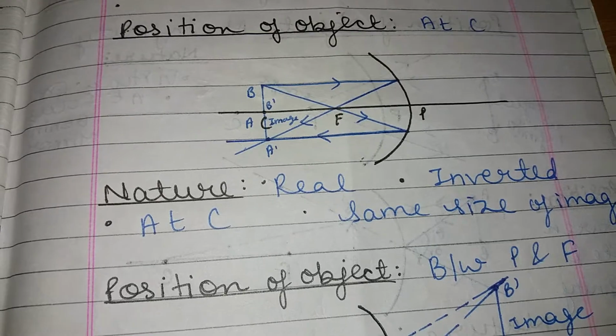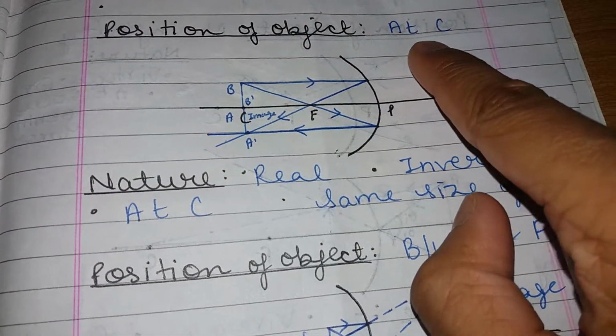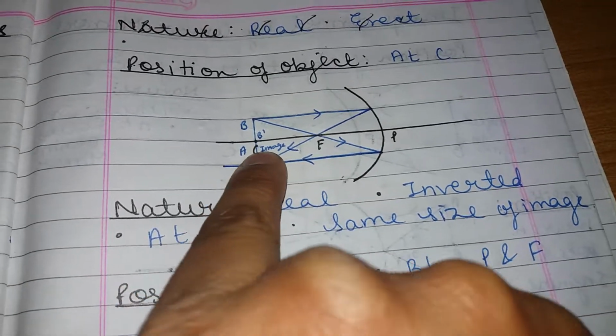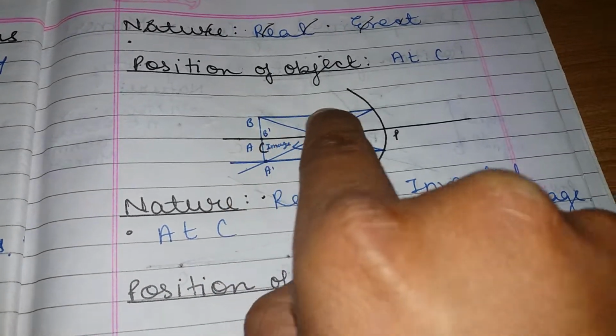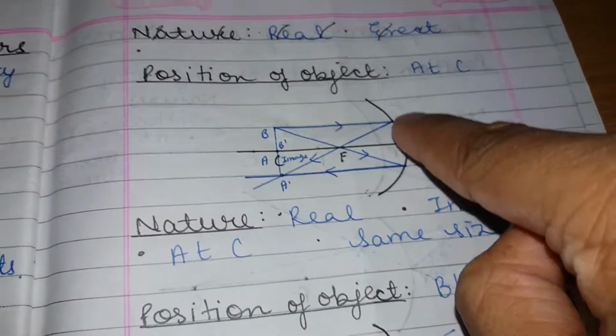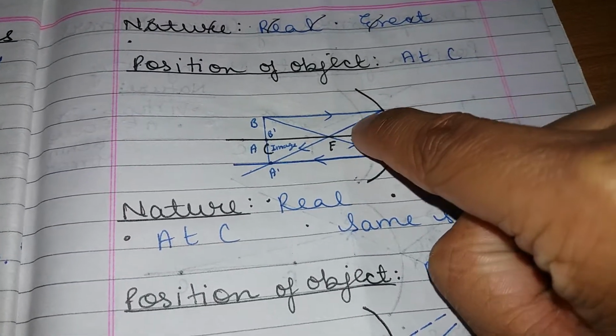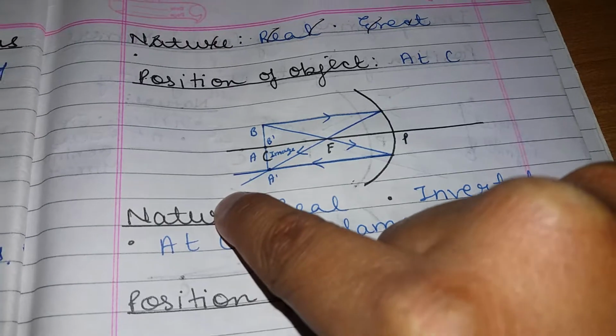Third one is when the position of the object is at the center of curvature, that is C. As you can see, if a ray parallel to the principal axis is incident on the mirror, after reflection it will pass through the principal focus.